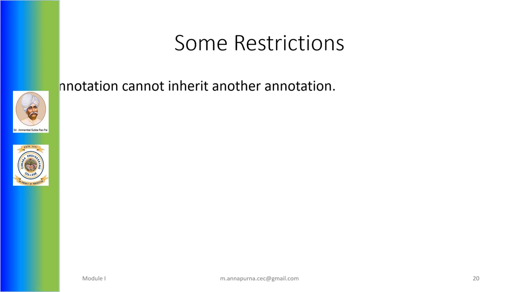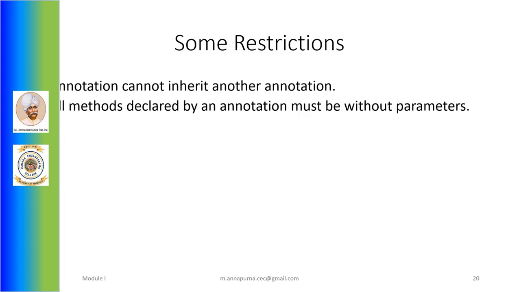Some restrictions on annotation declaration. There are a number of restrictions that apply to annotation declarations. The first restriction says that no annotation can inherit another annotation. The second restriction is that all methods declared by an annotation must be without parameters.